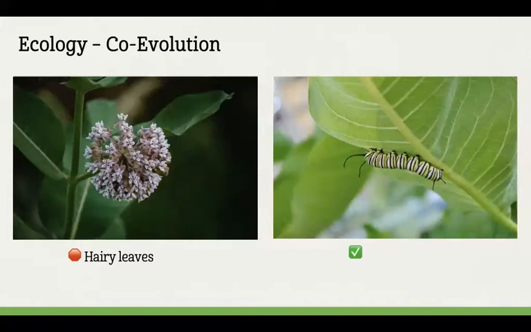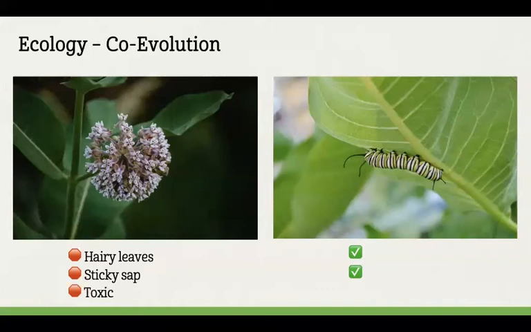Again, this started with one or a few individuals that were slightly better able to feed on the increasingly hairy milkweed leaves. Milkweed has sticky sap inside. It sort of gums up the mouth parts of insects that try to eat it. Again, the monarch population is under pressure to produce more individuals that can still eat the plant, and has successfully done so.